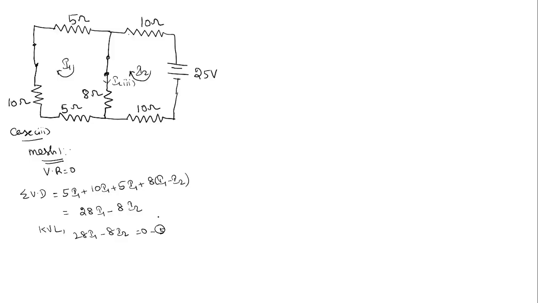Similarly, we'll write the equation for mesh 2. In mesh 2, the current I2 is flowing from positive to negative with respect to this 25 volt source, so this is considered a voltage drop. In this case also we do not have a voltage rise, so we consider this as a voltage drop only. So 25 is the voltage drop. Now we'll find the voltage drop across the 10 ohms resistors and the 8 ohms. This 10 ohms resistor is 10 into I2. Again this 10 ohms resistor is also 10 into I2.